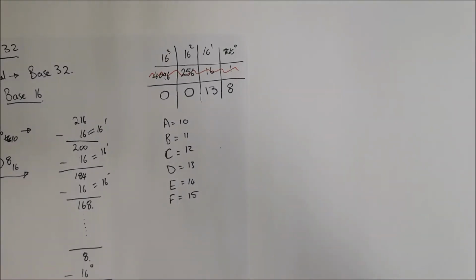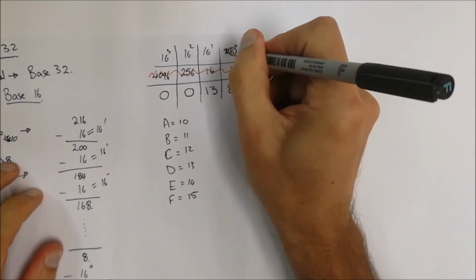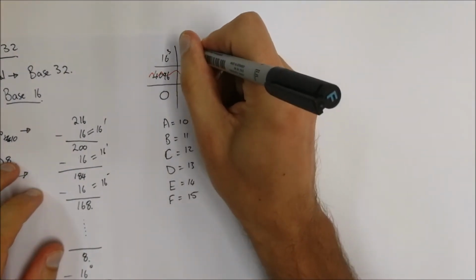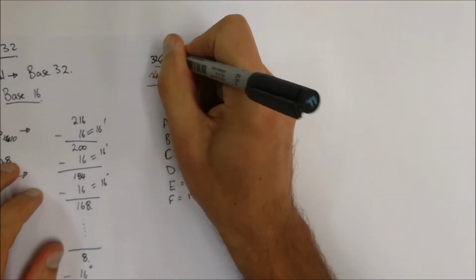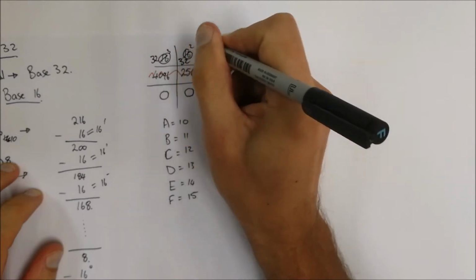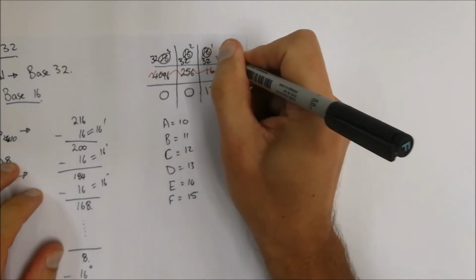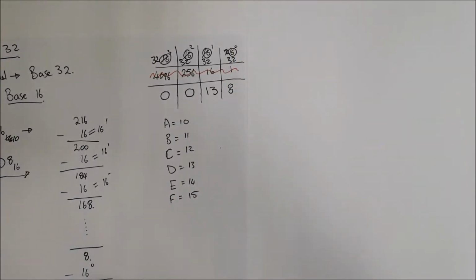They won't stay constant, but the only difference is that all these bases are going to become 32s. So 32 to the power of 3, 32 to the power of 2, 32 to the power of 1, and 32 to the power of 0.